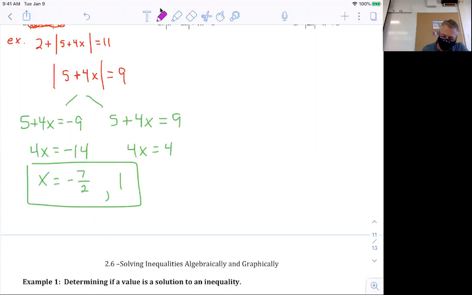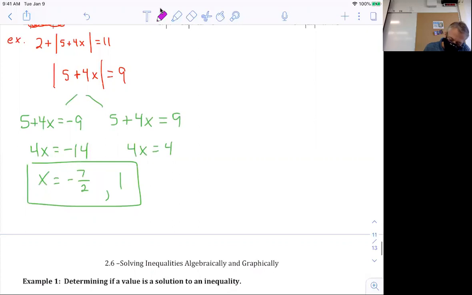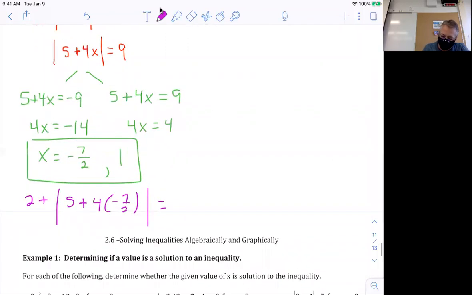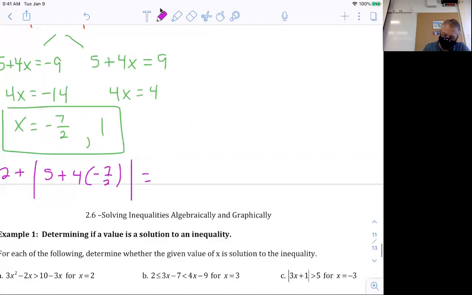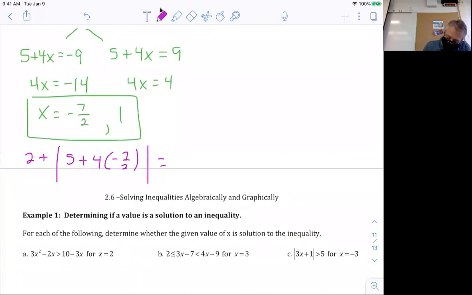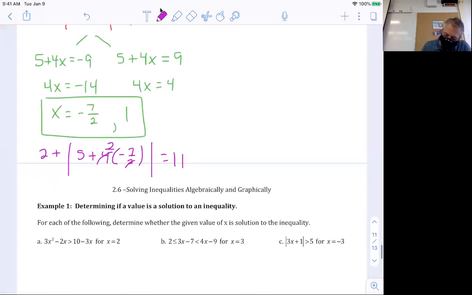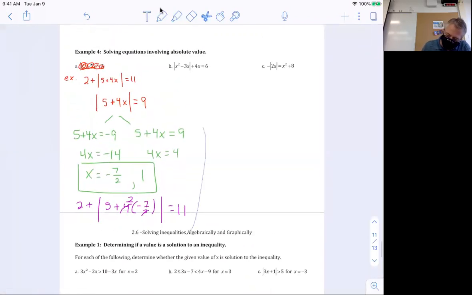All right, so we want to check for an extraneous solution. Let's take negative 7/2 and plug it in. We have 2 plus the absolute value of 5 plus 4 times negative 7/2, and we're trying to see if that equals 11. When we do the 4 times negative 7/2, we can reduce that to 2 and 1.